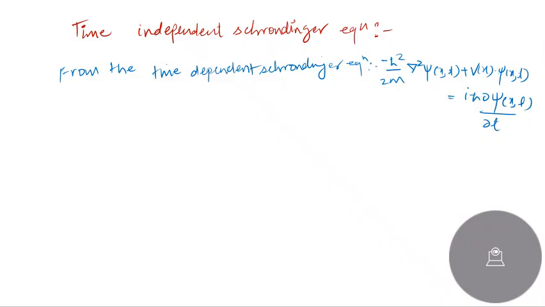This is the time dependent Schrodinger equation. Here the function is of x and t.